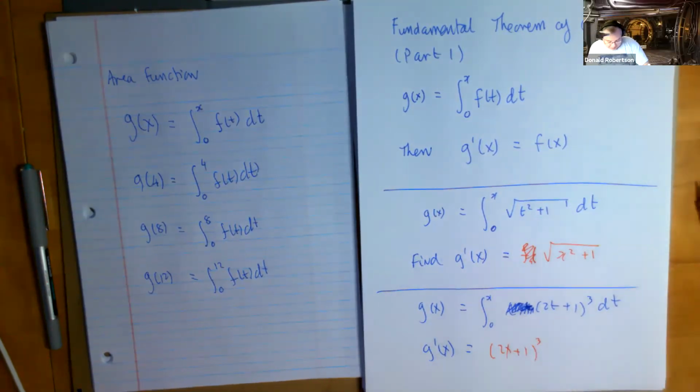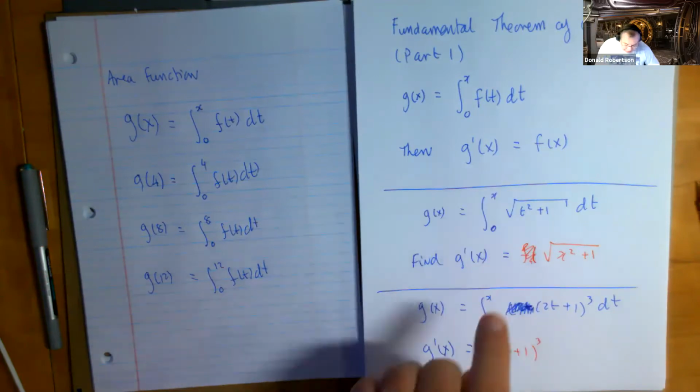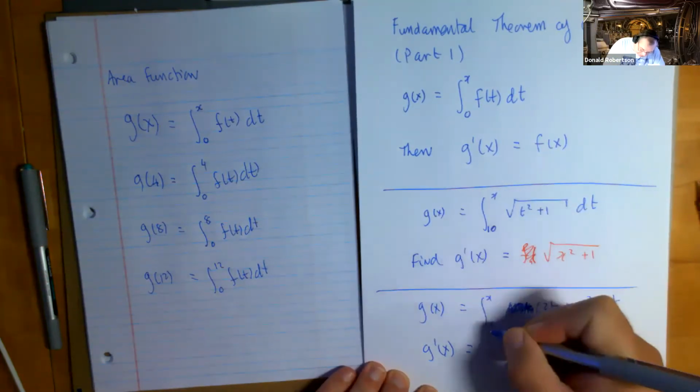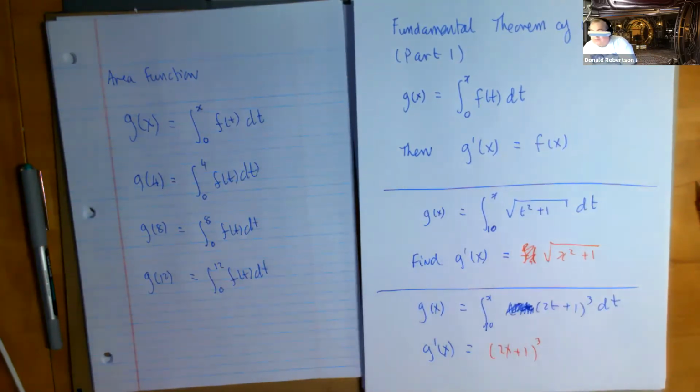Now, I'm starting at 0 and finishing at x. Do you know if you start at any number, like 10, it's the same answer? And you might think, well, doesn't the 0 have an effect? Not really. When you use the 0, you get a number. And what do you get if you differentiate a number? It disappears.